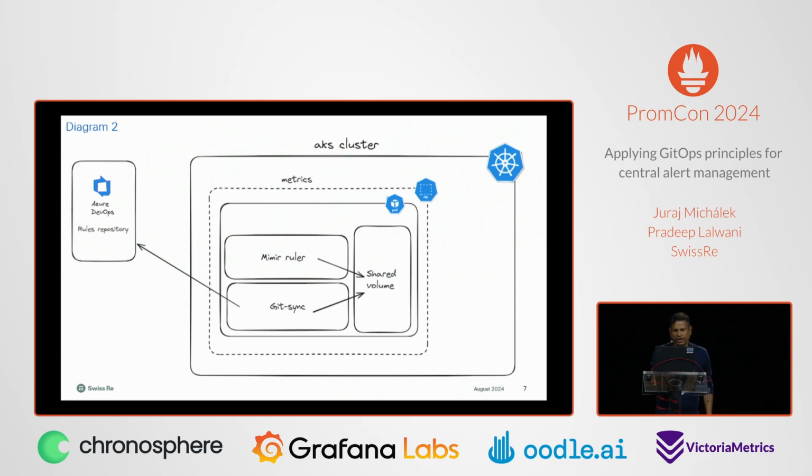There, people collaborate and contribute to their rule sets. Then Git sync will reconcile what you need on a regular basis. At any given point of time, you don't have to deal with managing config maps and things like that. Everything is declarative. So that's how this functions.